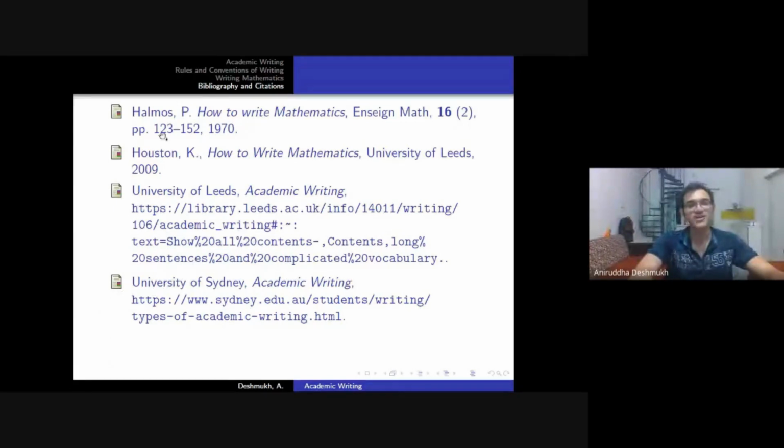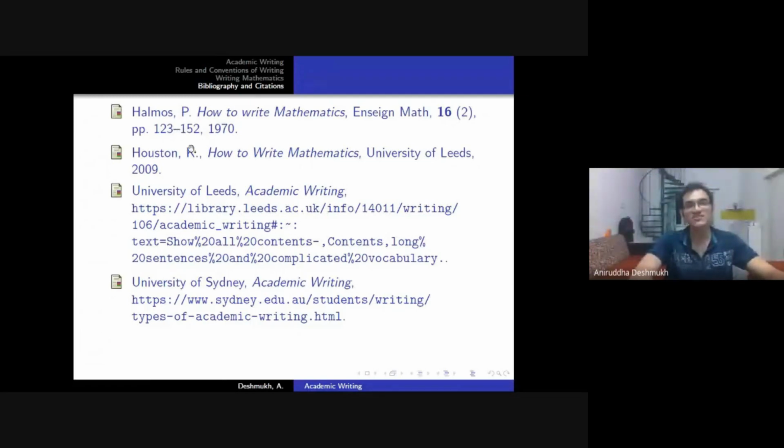While the first two were actually research papers, and the second one was actually lecture notes. So it has the author name, the article title, the journal, its volume, its number, the page numbers inside the journal where I can find this research paper, and the year of publication.